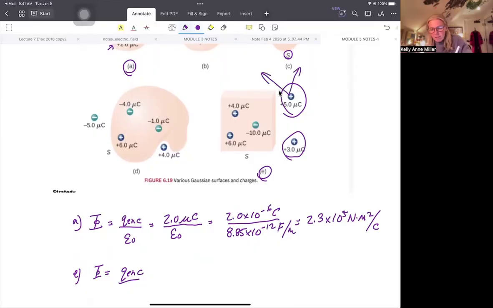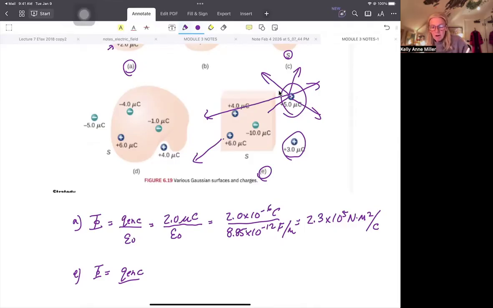Let's draw the field lines of this charge here. Any lines that go into the surface are also going to come out. So there's no net flux contribution from these outside charges. It's only the inside charges that contribute to the flux.